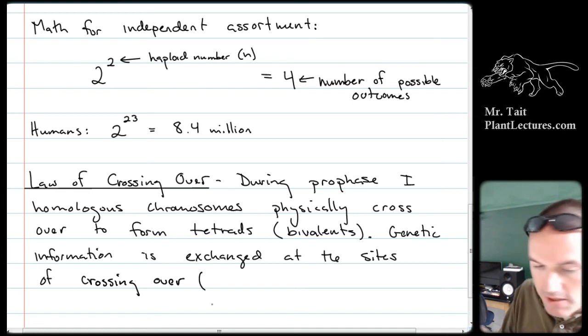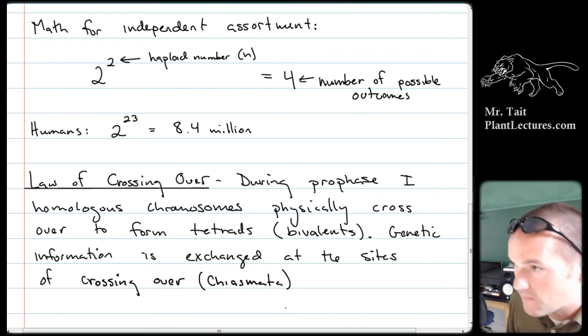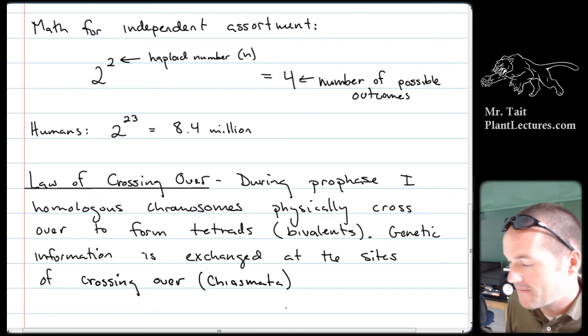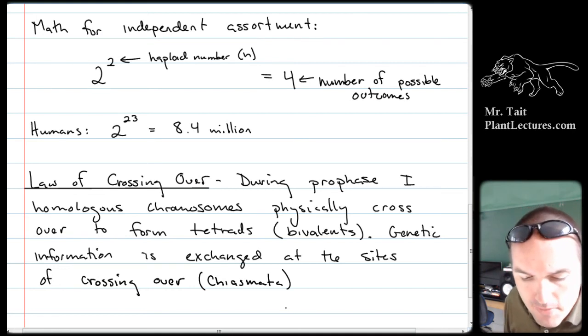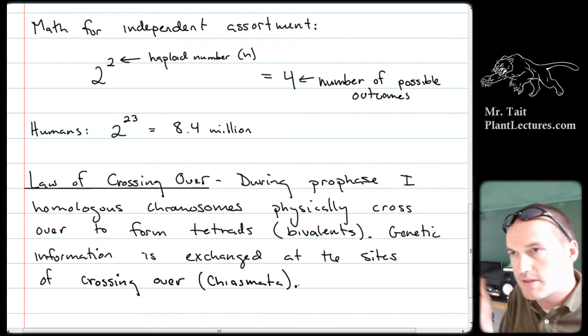Okay, the site of crossing over has a fancy name. It's called the chiasmata. Chiasmata. Okay, so the chiasmata is the site that the actual crossing over is happening, right?